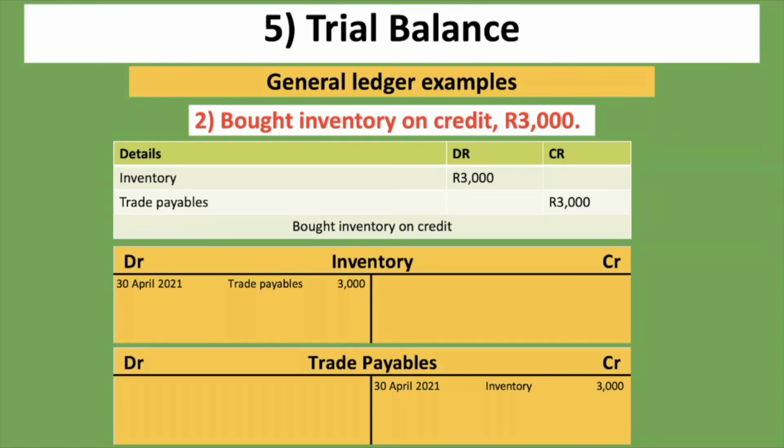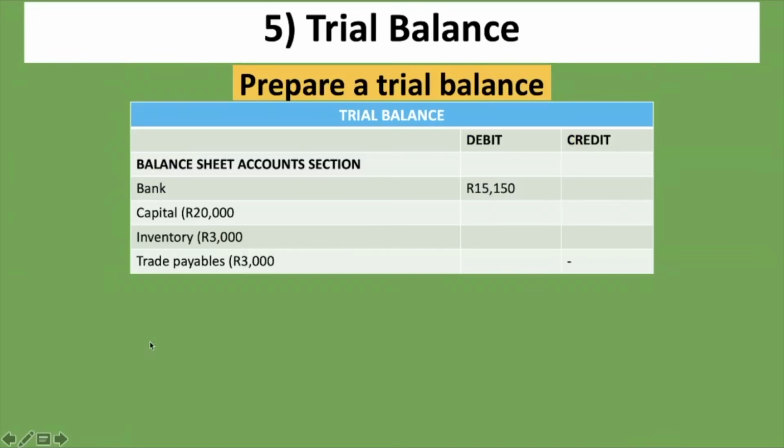So we need to record it in the balance sheet account section. Remember, assets, liabilities, capital and drawings go into the balance sheet account section of the trial balance. So we're going to have inventory 3,000 rand and trade payables 3,000 rand. I've put it here in brackets as well because we may have more transactions where inventory and trade payables are affected, so we need to add them together before we put them into our columns.